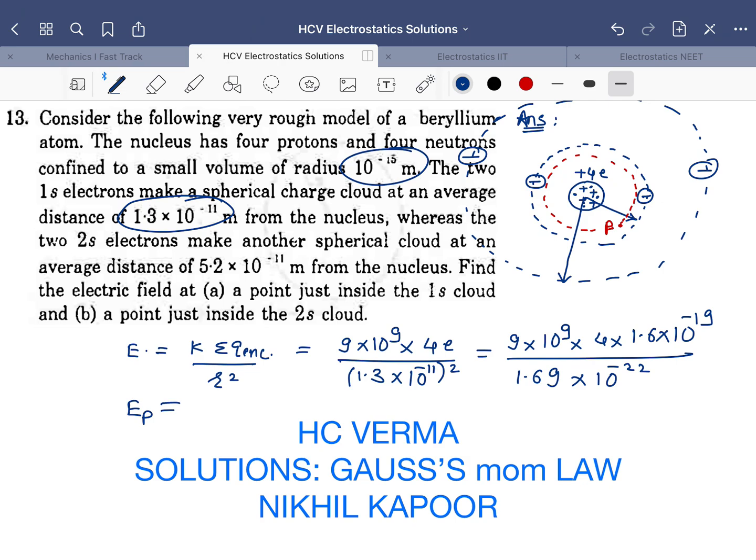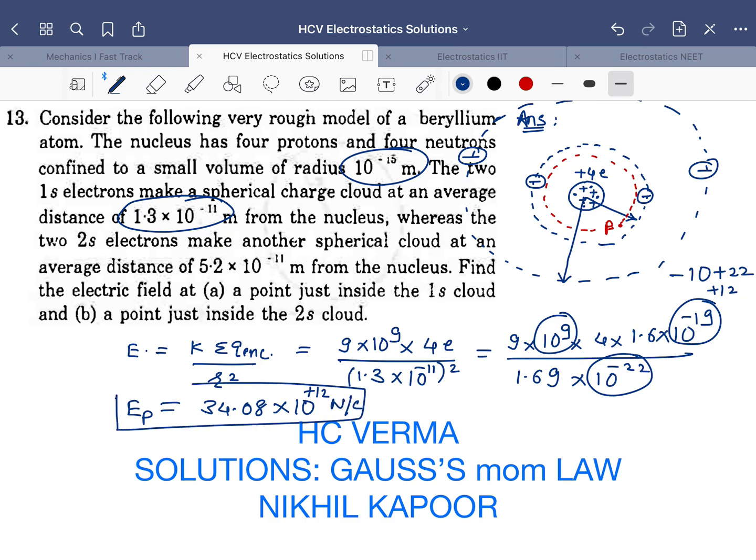So this complete division comes out to be 34.08 into the power of 10. So this is 9 and this is 19, so that comes out to be minus 10. This is minus 22, so it becomes plus 12. So plus 12 Newton per Coulomb. So that would be the answer to the first part of this question.